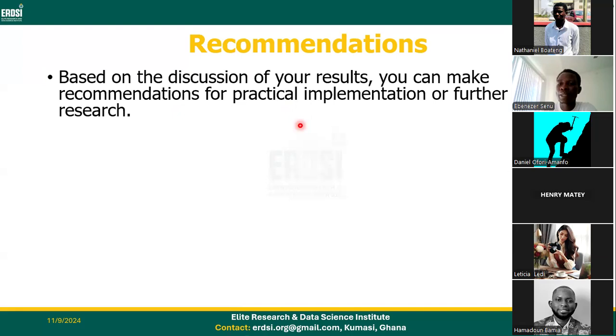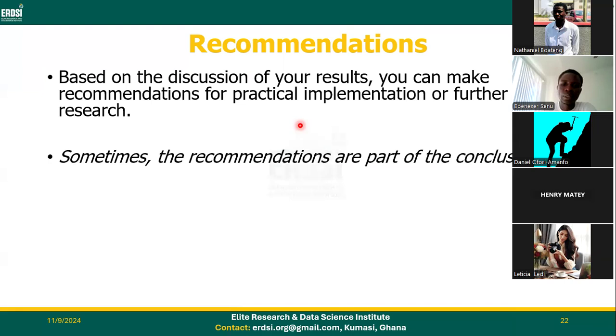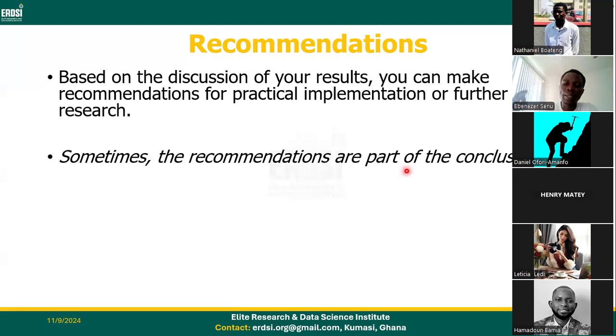If you're not able to assess a particular marker, in recommendation it's the opposite. You recommend that future studies should use this. Sometimes recommendations are part of the conclusion. Mostly we do this during publications. But in a thesis, you see recommendation as a separate section, and this is the last section of any thesis, any scientific writing.